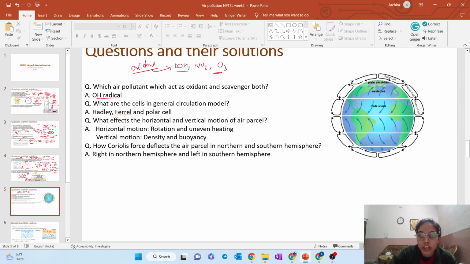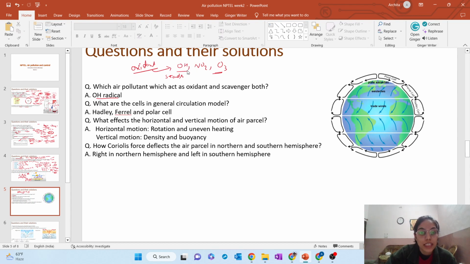OH is one of the major oxidants because of its small lifetime. It has a lifetime of seconds. Once it's formed, if it doesn't react with anything, it disappears and forms water vapor. So it forms very fast and it reacts extremely fast.